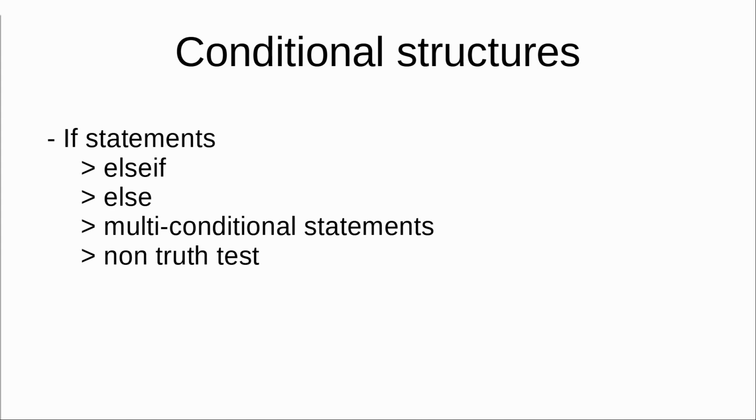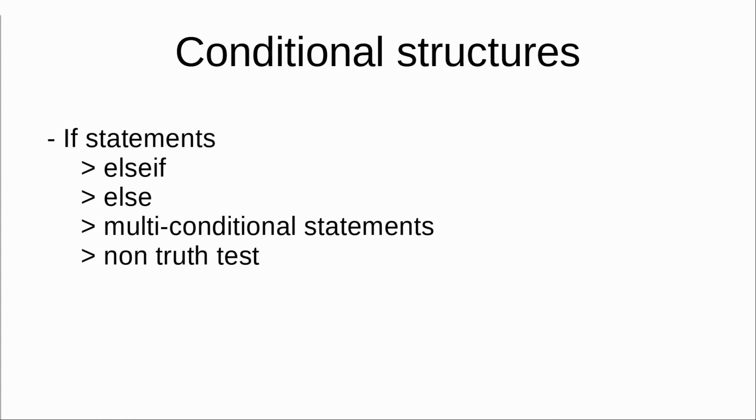So of course, by conditional structures I'm talking about if statements mainly, and you guys probably know about if statements. So if and then any condition, and if that condition is met, then the code below or after the then will continue, okay? And when we speak of if statements, we have other things like else if, else, multi-conditional statements, and non-truth tests.